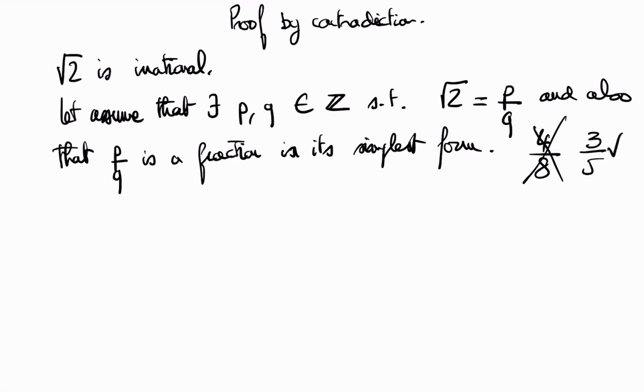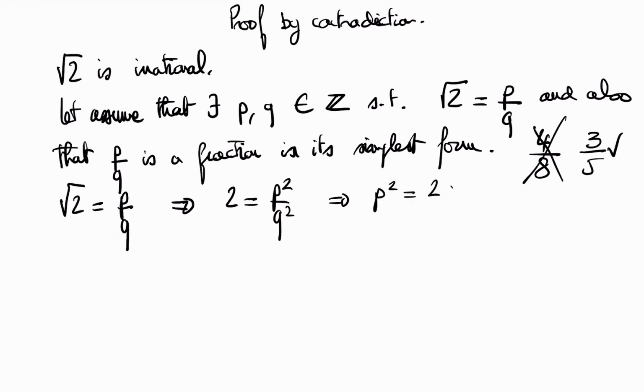Or rather, not necessarily 3 over 5, but a fraction that cannot be simplified anymore. Okay, so root 2 is equal to p over q. Let's assume that. So that means that if we take the square of both sides, 2 is equal to p square over q square. So that means that p square is equal to 2q square. Oh well, so p square is even.